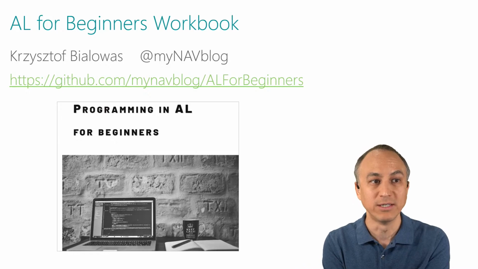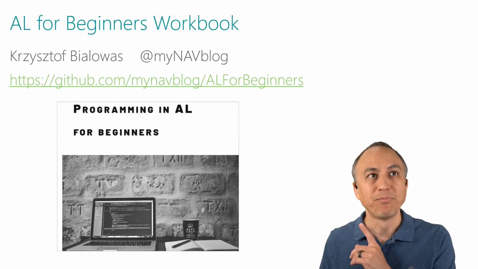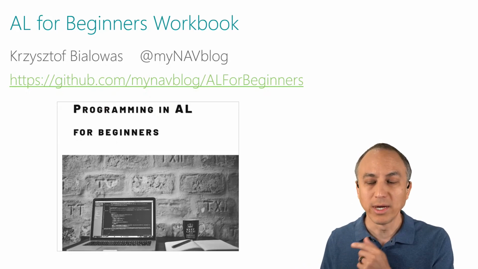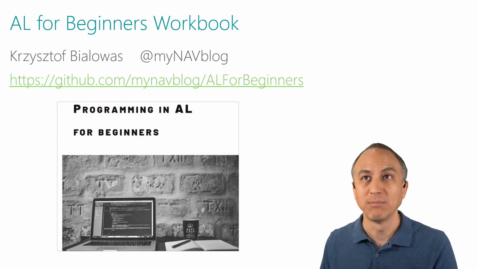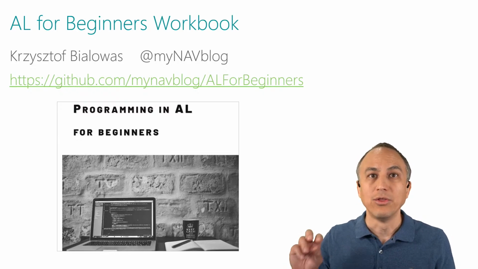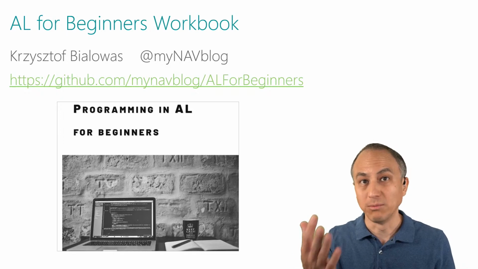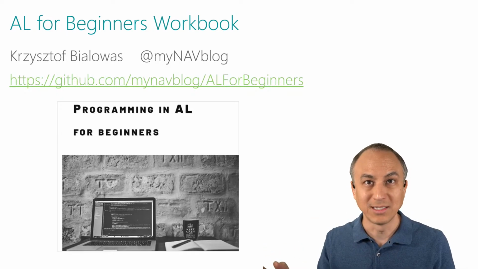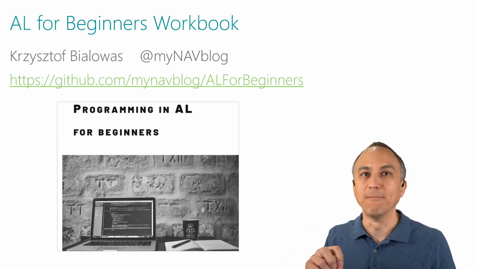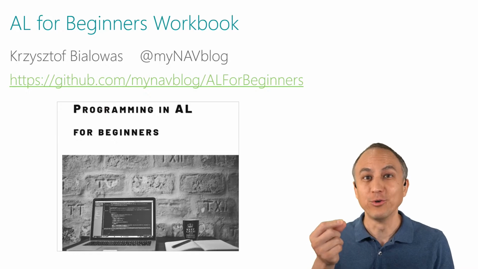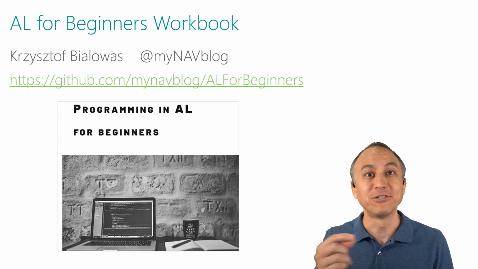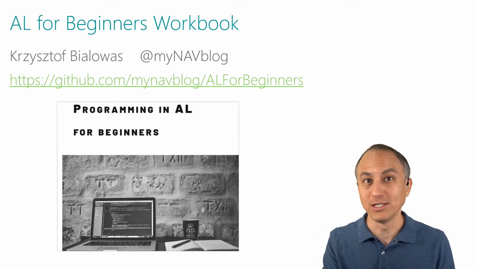with my video series. So a few notes. This was created, I think, in late 2019, if I'm not mistaken, and things change rapidly with Business Central and all the related technologies. So it will be a good exercise for you to spot things that have changed since Christoph wrote this AL for Beginners workbook.